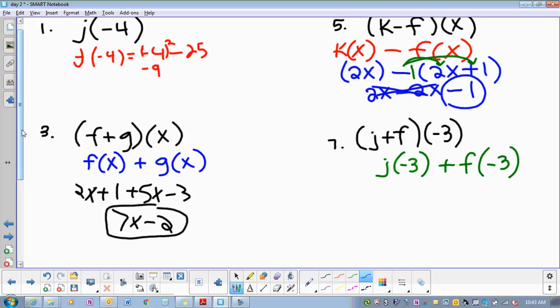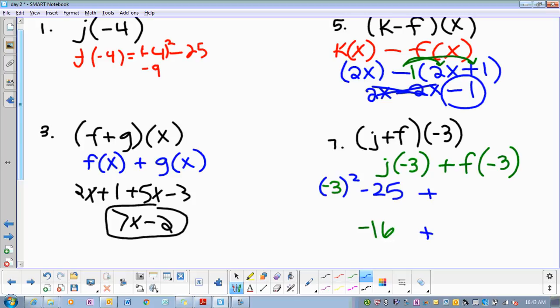All right, the j function has x squared minus 25. Instead of the x, what am I plugging in? -3. And don't forget, you need to put the -3 in parentheses. What do you get? -16. Good.